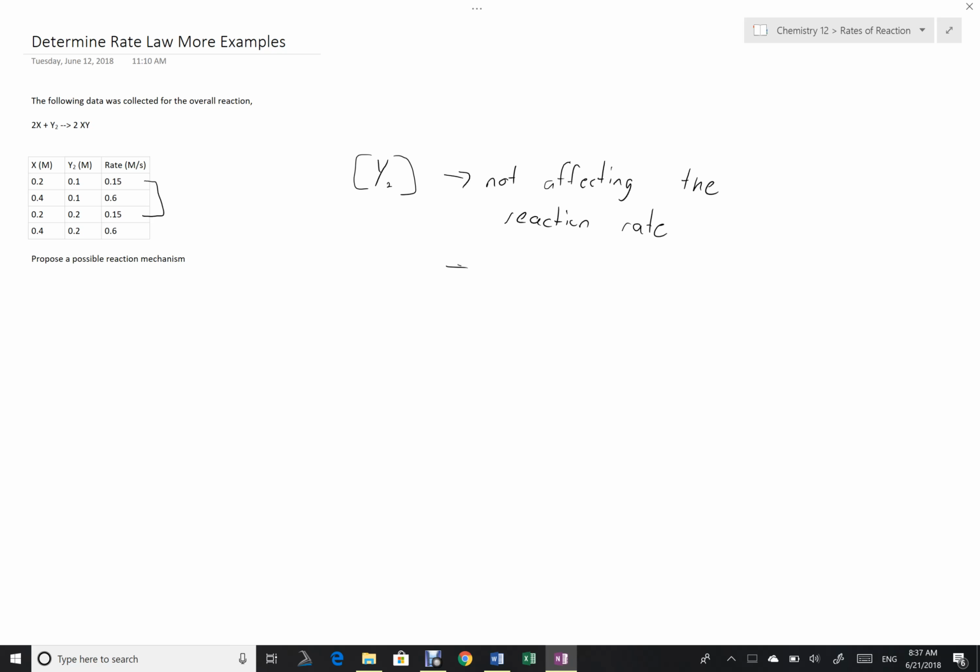So this should not appear in the rate limiting step.